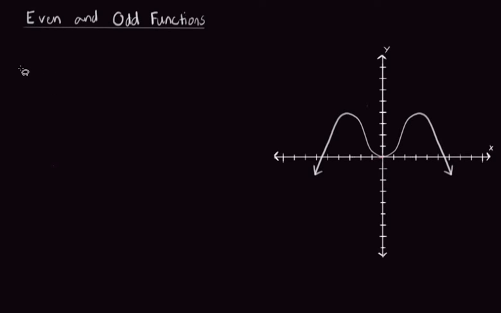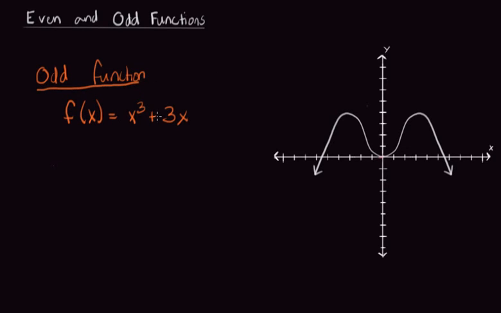So an odd function, when we write it in its f of x format, like f of x equals x to the third plus 3x, something like that, has all odd powers of x.